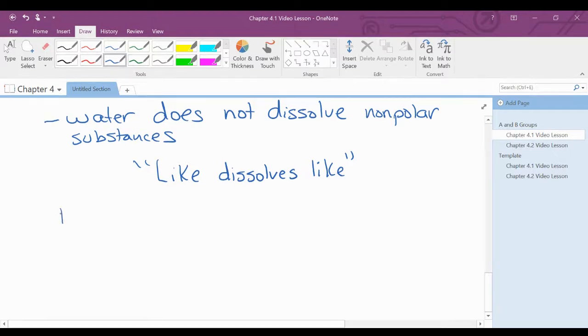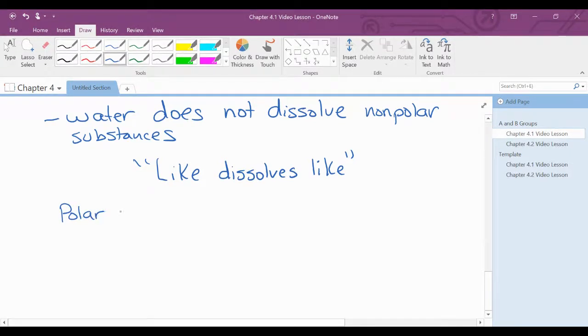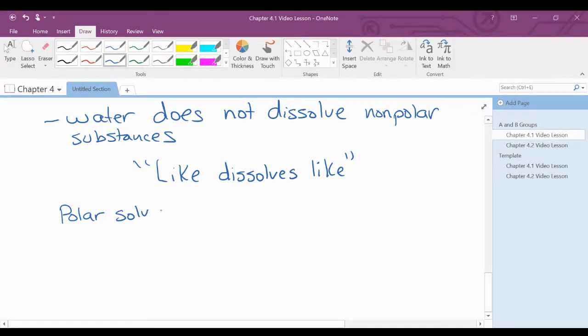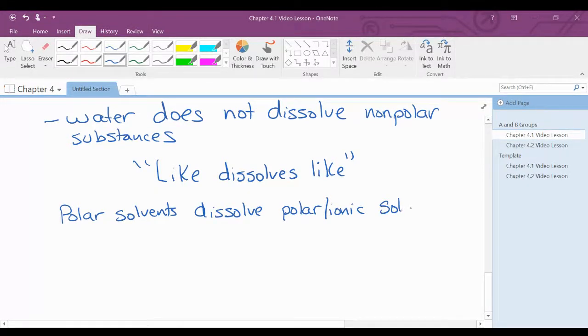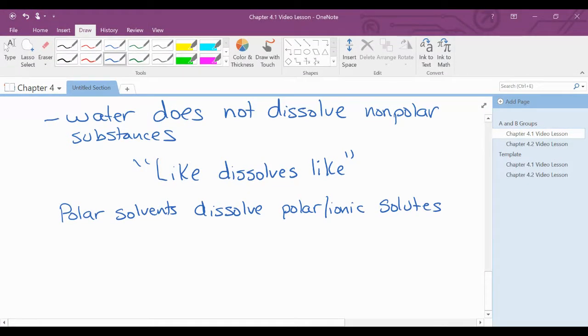So polar solvents dissolve polar or ionic solutes, because like dissolves like.